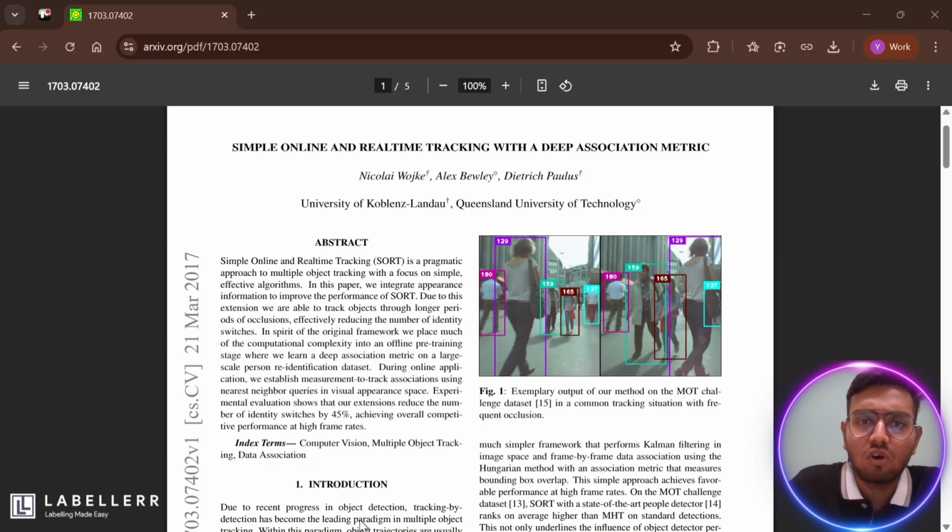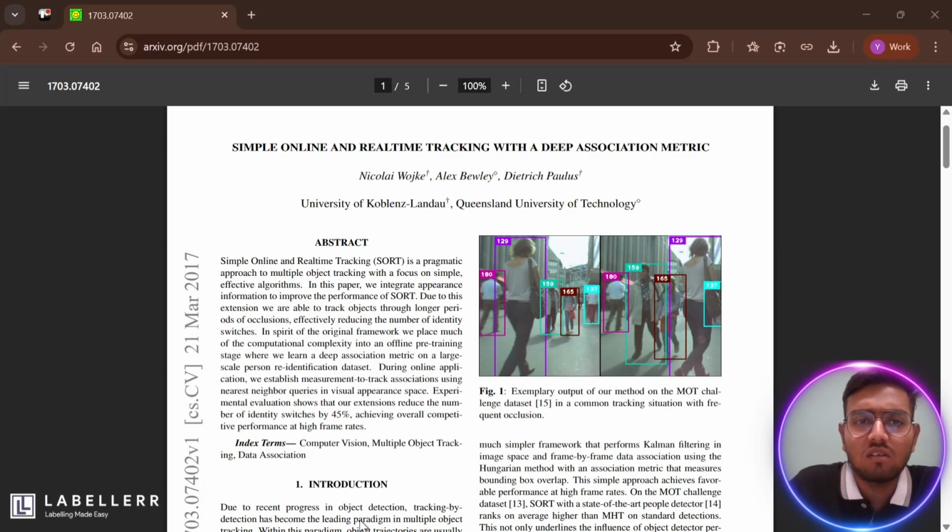This happened because SORT only looked at motion information. It tried to predict where an object would be based on its previous movement, but it completely ignored what the objects actually looked like. The technical term for this is that SORT relied solely on bounding box overlap using something called intersection over union, or IOU.